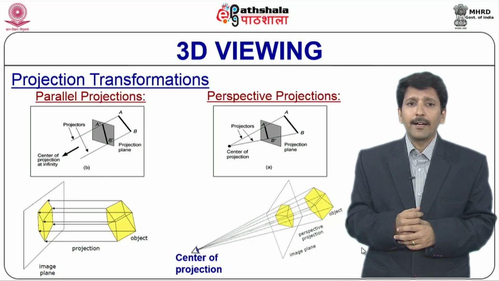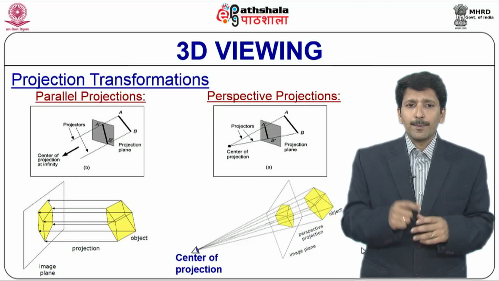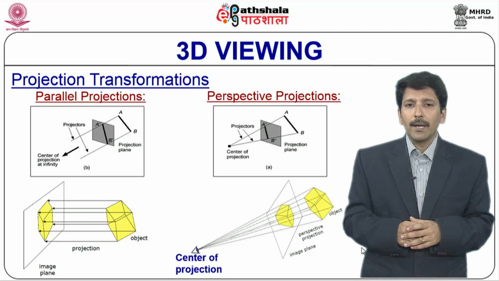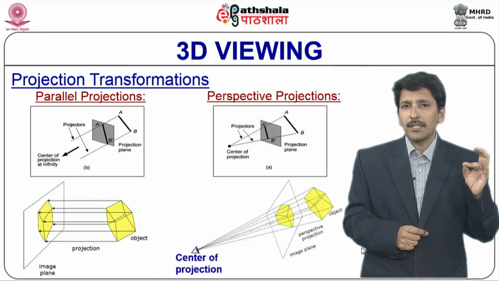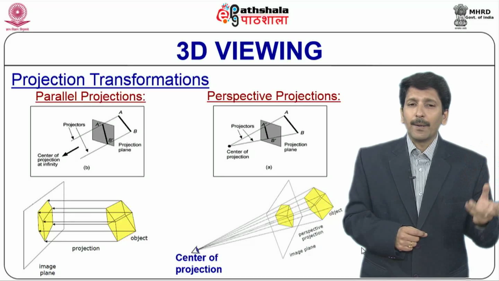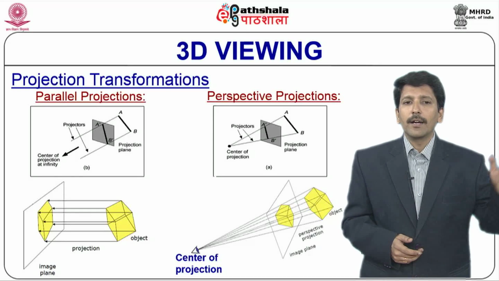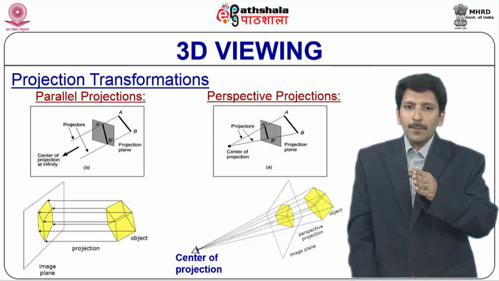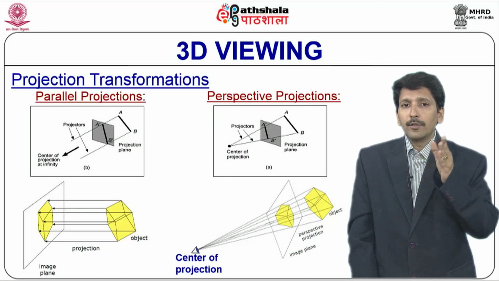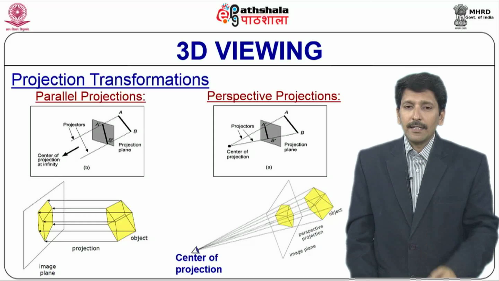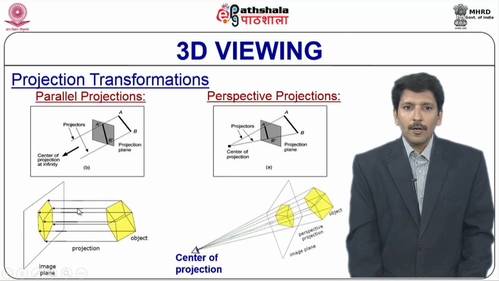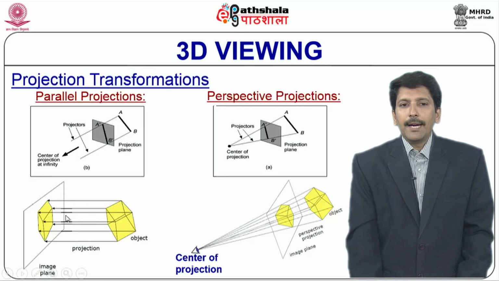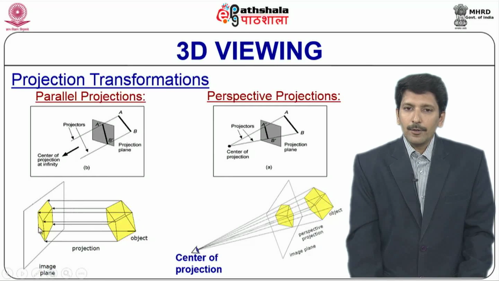As you can see in the diagram, an object is projected onto a viewing plane. You can call it the viewing plane, the projection plane, or the plane of projection. In whatever manner you call it, it is the final plane on which we would see the object. An object projected using parallel projection is as shown in the first diagram. These lines are called lines of projection, and they are parallel to each other.